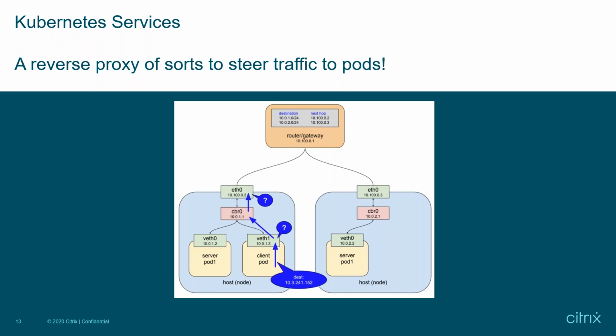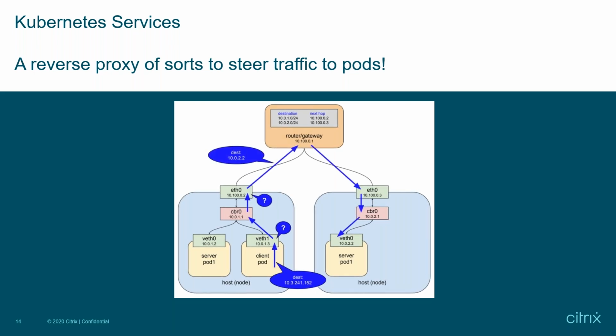VETH1 sees the packet and goes, nope, you need to go to my bridge device, and it goes to the bridge device. The bridge device goes, nope, this needs to come out VETH0. And VETH0 then sends the packet out to your router, your gateway. Now, if we were to do a network trace and watch that traffic coming out of ETH0, we'll notice that the packet has been rewritten with a destination of 10.0.2.2 with a port of 8080.